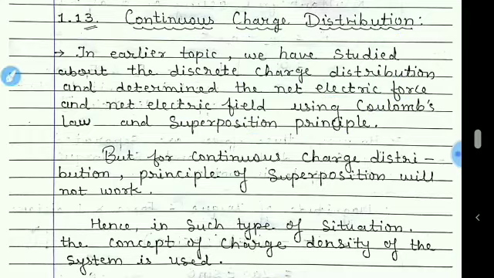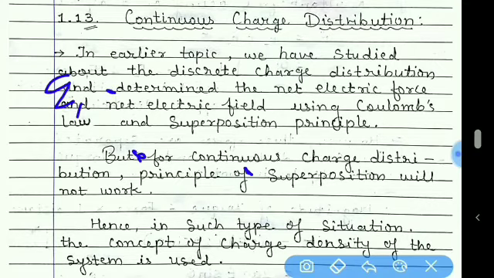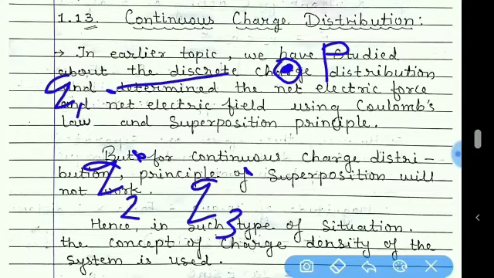So that was the discrete charge distribution. Discrete means the charges are scattered. Suppose Q1, Q2, Q3 and so on. And if any point P is given, and if we want to find the electric field at this point, then the electric field at this point is due to this charge as well as this charge.